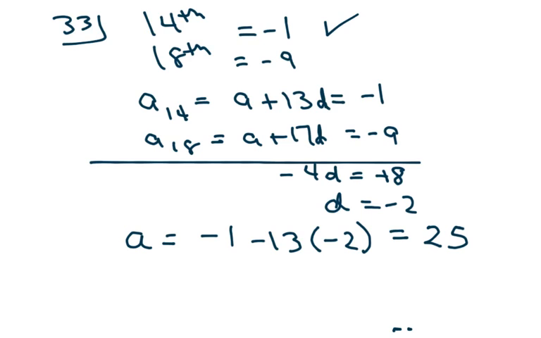Okay, now we have to write our two formulas. The recursive formula is a sub n equals the previous term minus 2, because my common difference was negative 2.